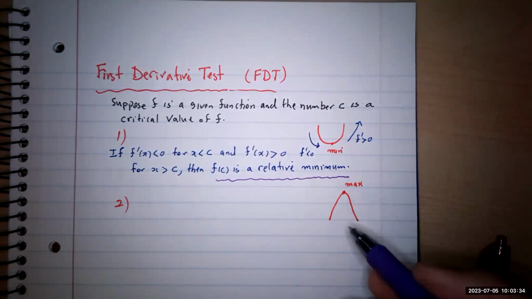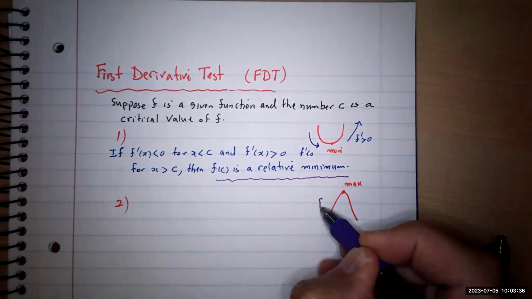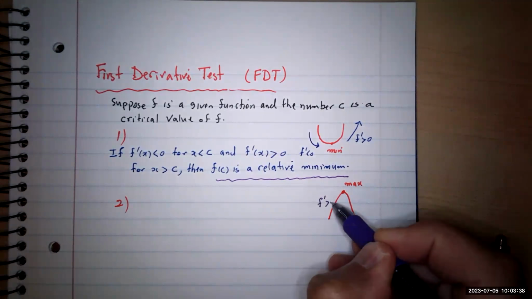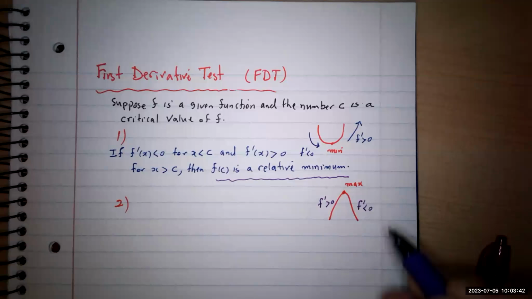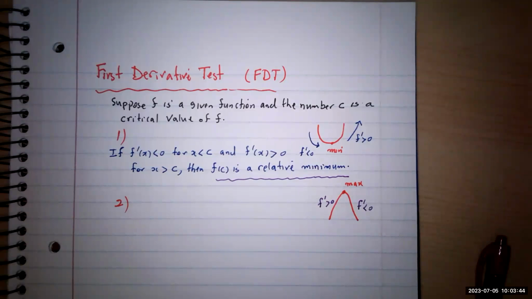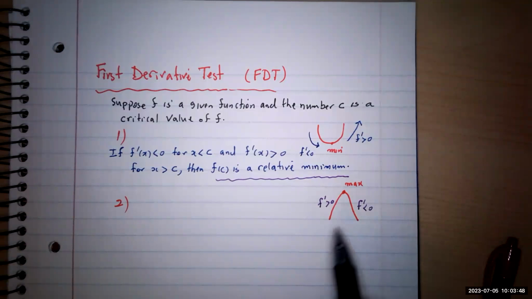Up means f prime is positive. Down means f prime is negative. So before c, positive, after, negative.